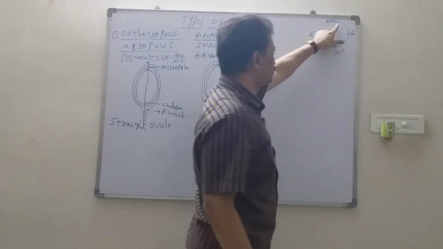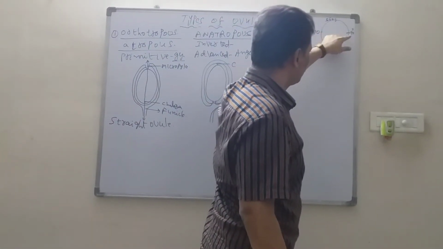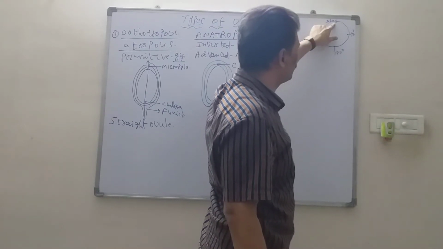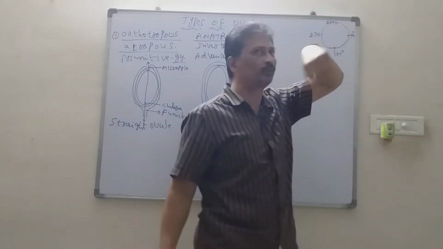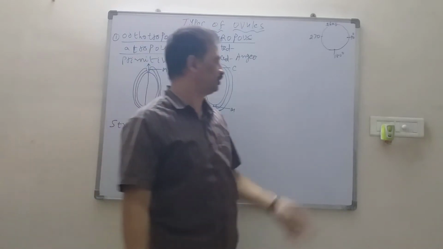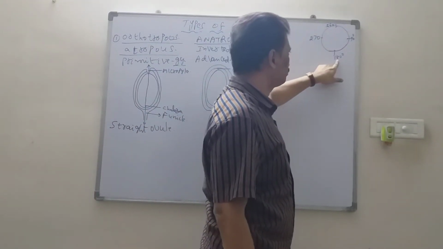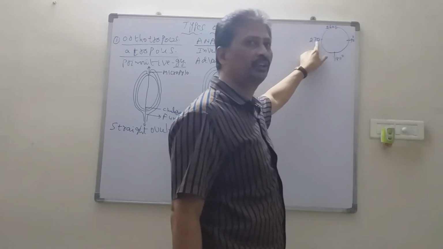If it starts from here, passes through all these stages and again reaches the original point, that is one complete rotation, 360 degrees.